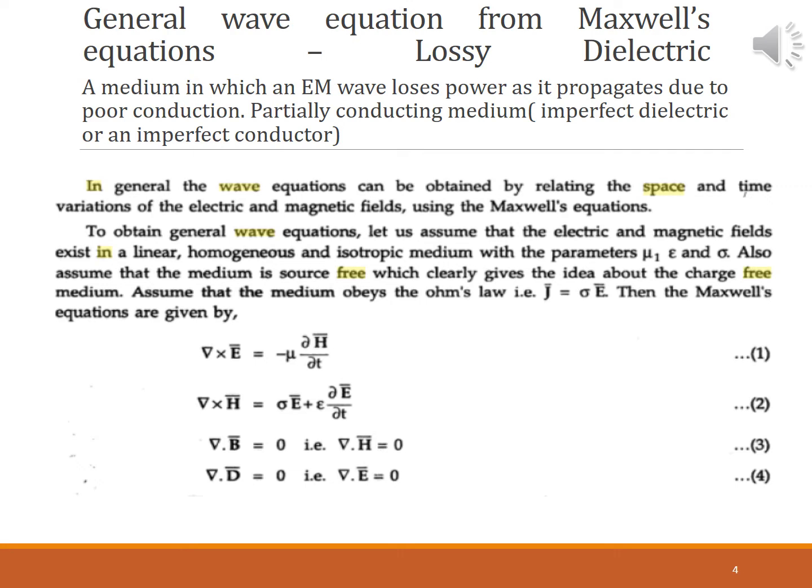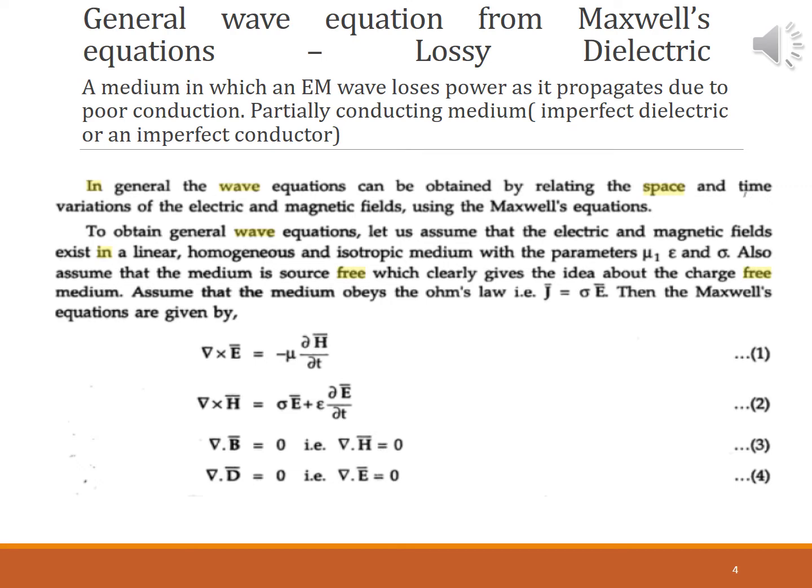The first thing you need to know is, what do you actually mean by a lossy dielectric? It is a medium in which an electromagnetic wave loses power as it propagates due to poor conduction. As I mentioned in the previous slide, a lossy dielectric is also referred to as a partially conducting medium.